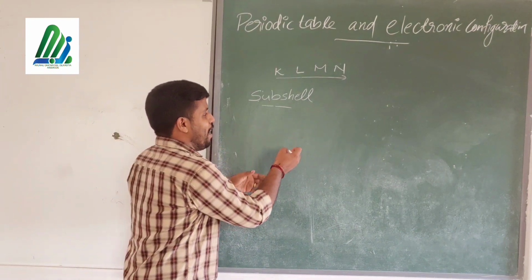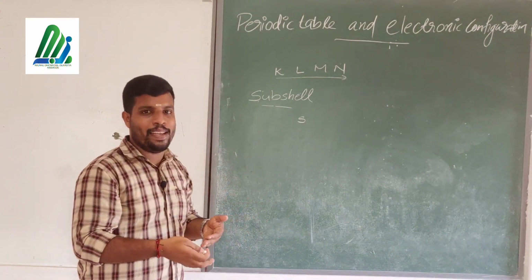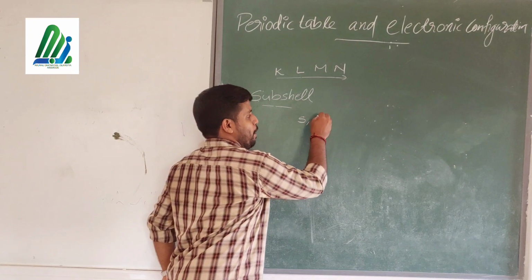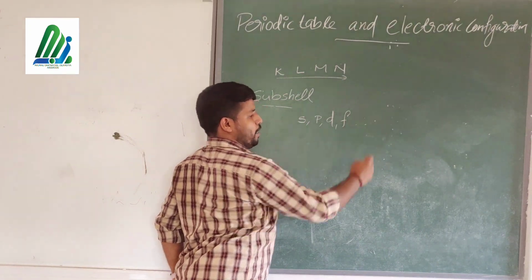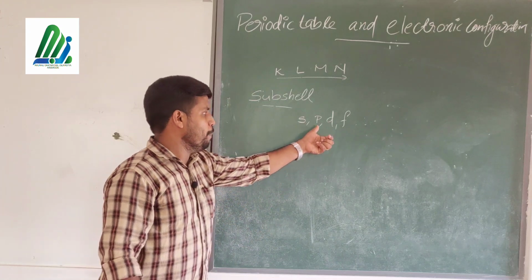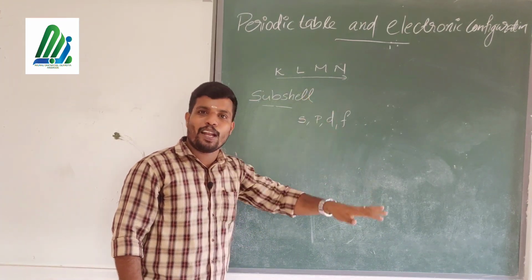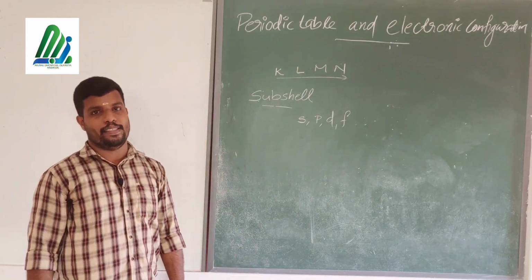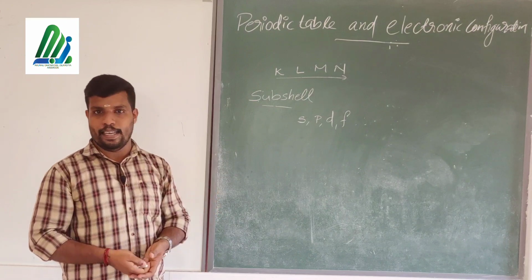We represent subshells by small letters s, p, d, f, etc. S, p, d, f are the subshells, or otherwise we can call them sub-energy levels. We are saying the shells are known as energy levels.